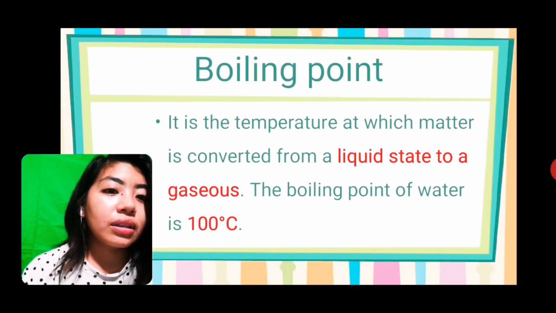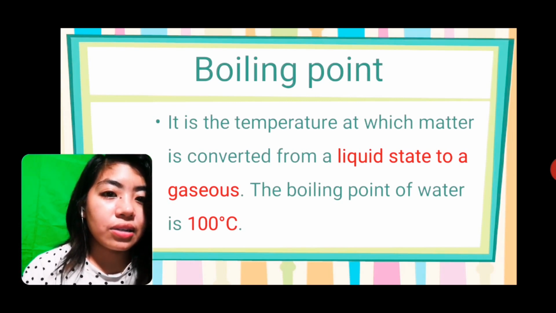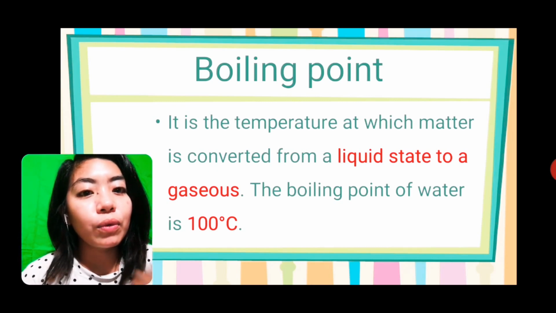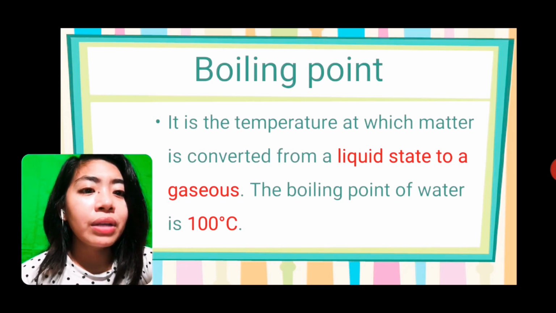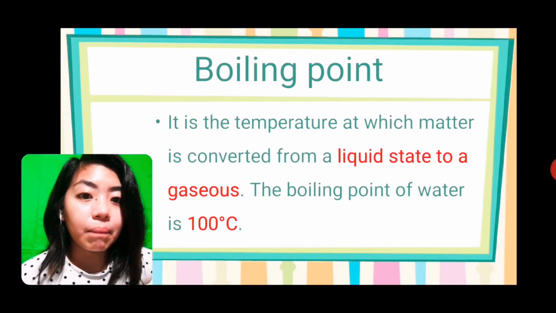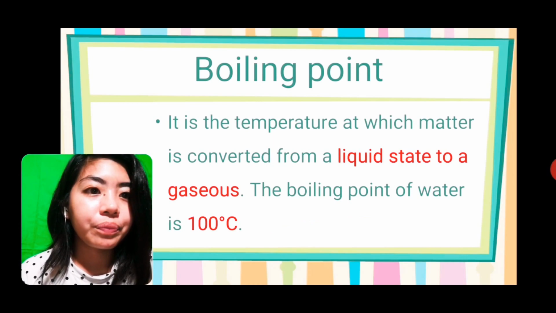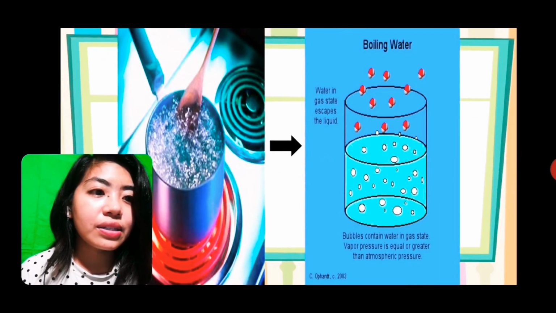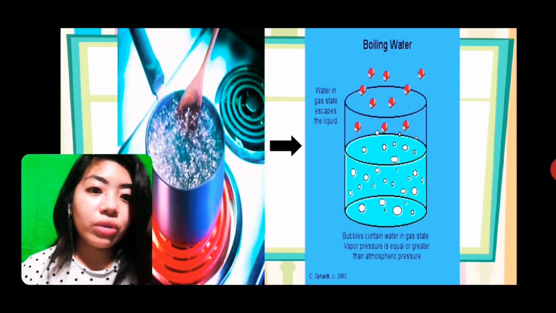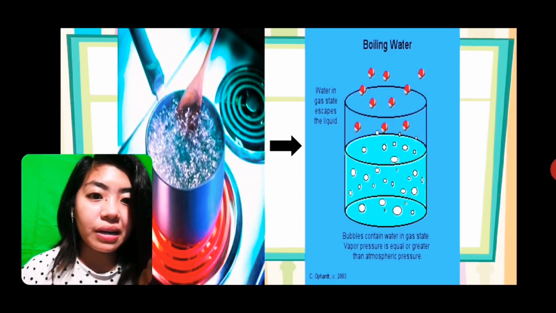So, boiling point ng water is 100 degrees Celsius. So, ibig sabihin, pag kayo ay nagpapakulo ng tubig or kapag kumukulo na yung tubig na salang nyo, na-reach nyo na yung 100 degrees Celsius na temperature. Okay, this one. Boiling of water. From liquid to gaseous state. Kasi, di ba mapapansin nyo, para siyang nag-i-steam.